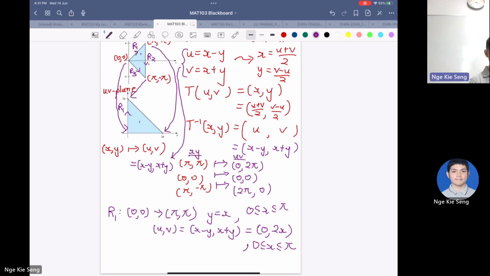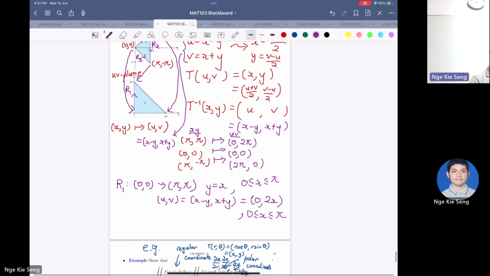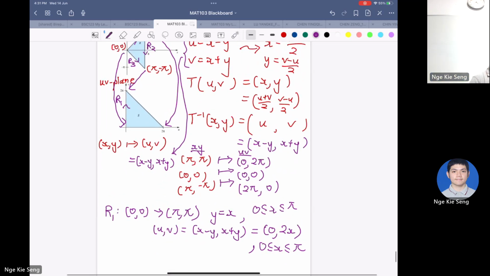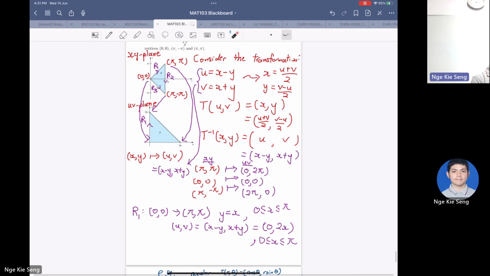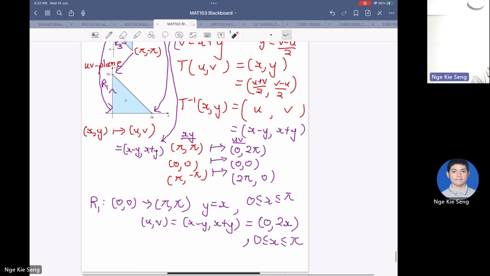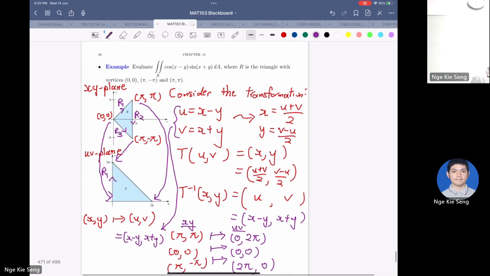Let's check R2. R2 is easier. It is a vertical line at x equals pi, where y is bounded between minus pi and pi.